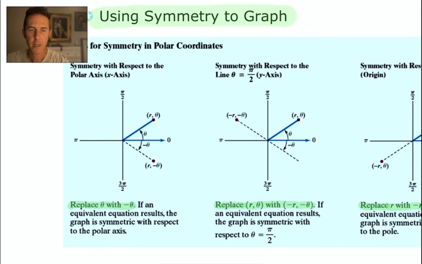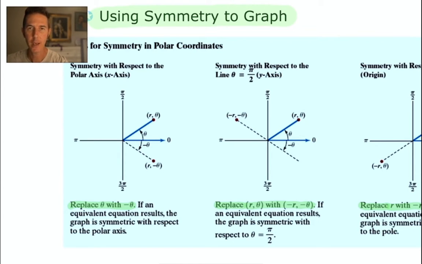So symmetry with respect to the polar axis, formerly known as the x-axis. In order to test to see if a graph has symmetry about this horizontal axis, we can take the theta value in our polar equation and replace it with negative theta. I've highlighted that right down here. And if after making that substitution, we can manipulate the resulting equation to the point where it looks exactly like the original equation, then the graph of that equation will exhibit polar axis symmetry.